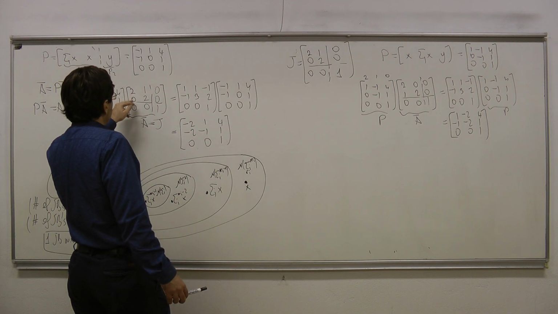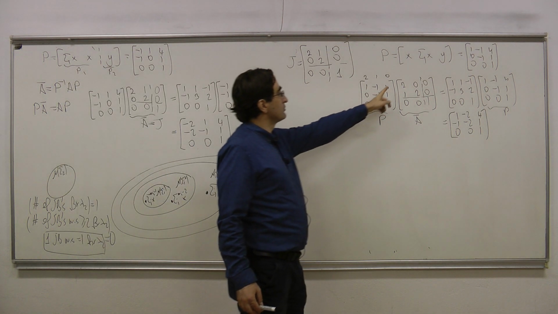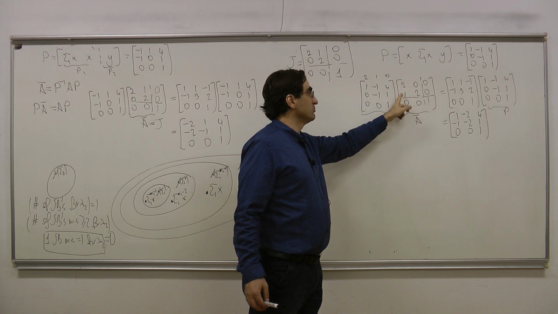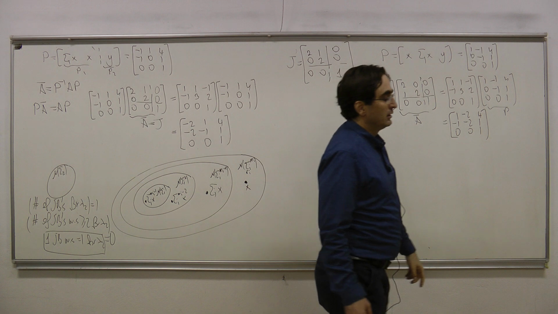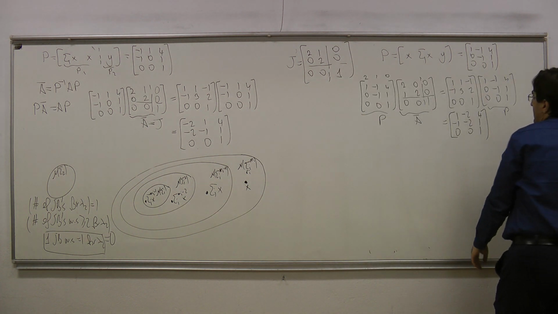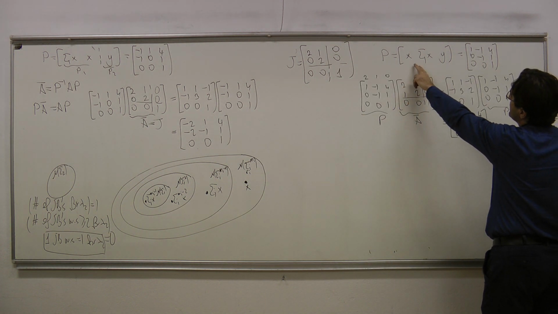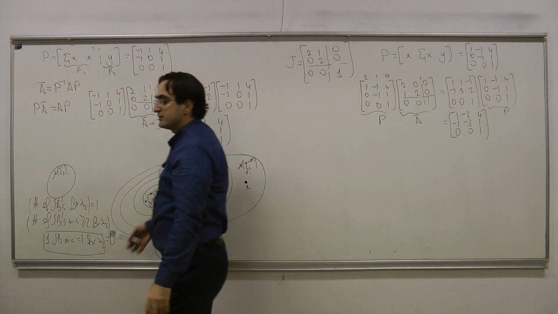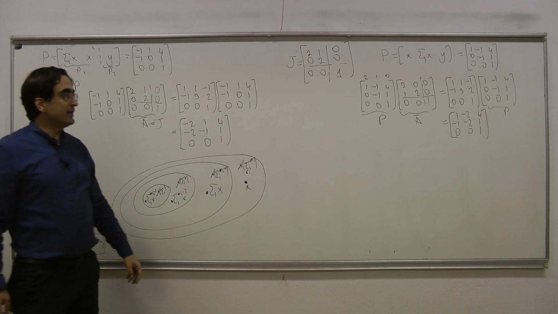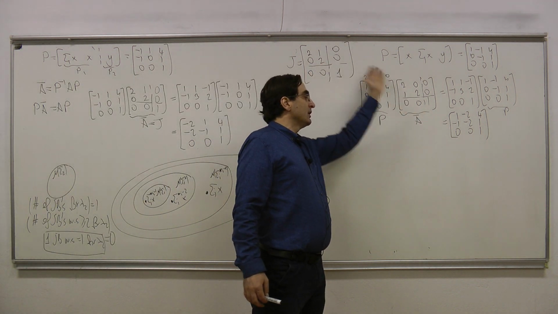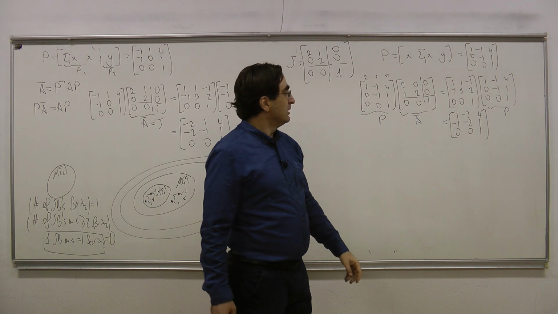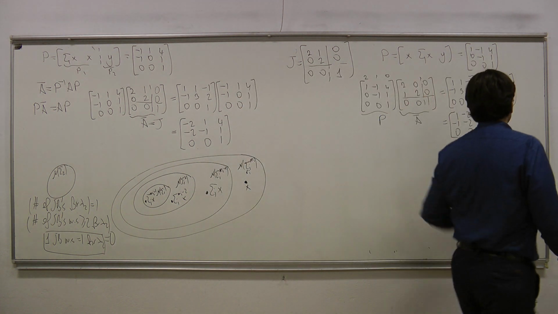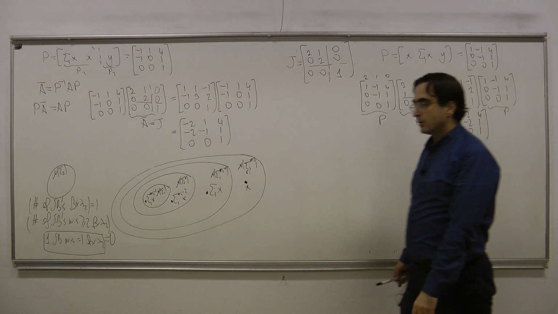So in some books you would see Jordan canonical form in this form, where these ones are below the main diagonal instead of above it. Okay? And this happens with a reordering of the chains of vectors. If you reverse the chain of vectors inside the P matrix, then these ones turn out to be below the main diagonal. Okay? So according to the general literature, this matrix is also in Jordan canonical form. Okay?